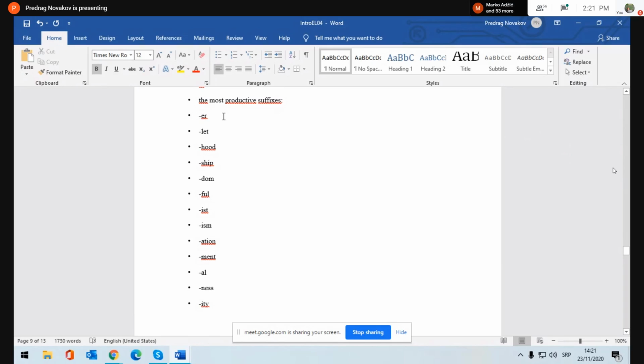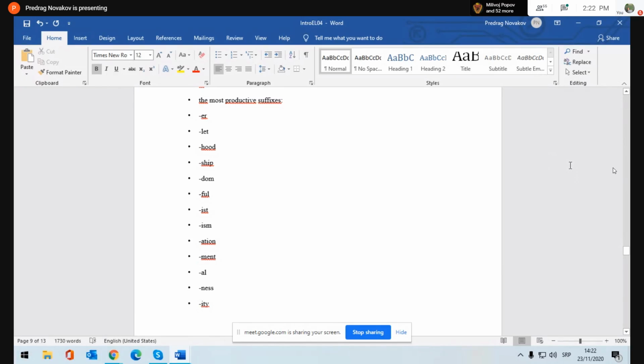Okay? Act, actor. Okay? So ER, just be careful. We have the same one, ER, inflectional, in nicer. This is derivational because it creates a new word. Nicer is not a new word. It's just a comparative degree.